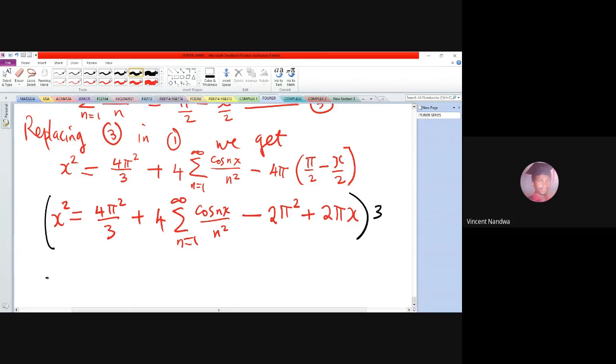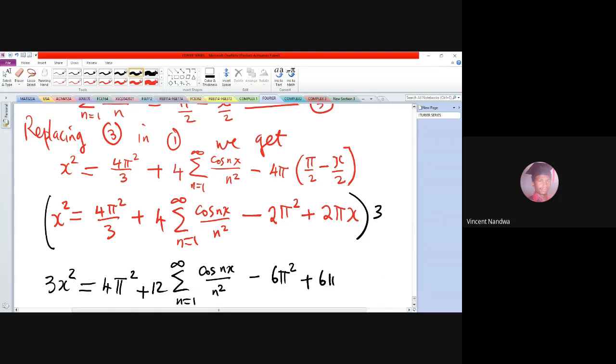So I'll have 3x squared equals 4 pi squared plus, so 3 by 4, 12, summation n from 1 to infinity of cosine nx over n squared minus 6 pi squared plus 6 pi x.